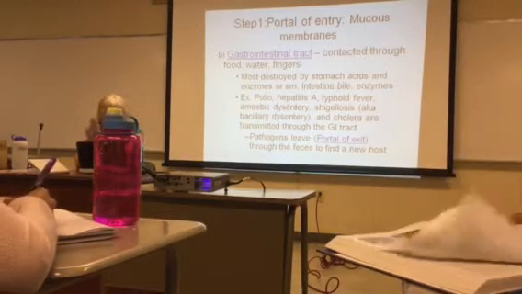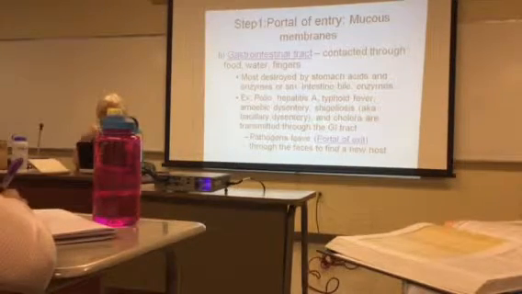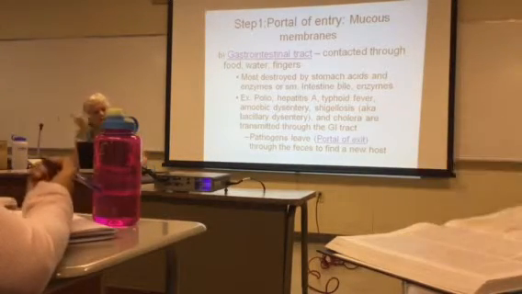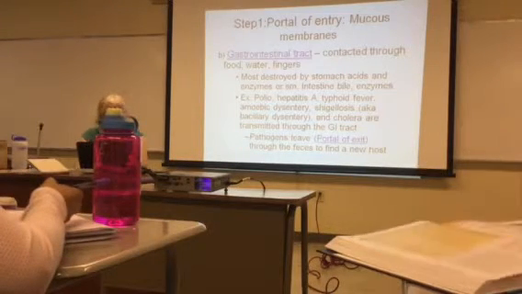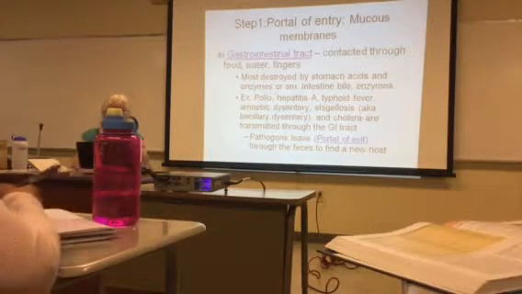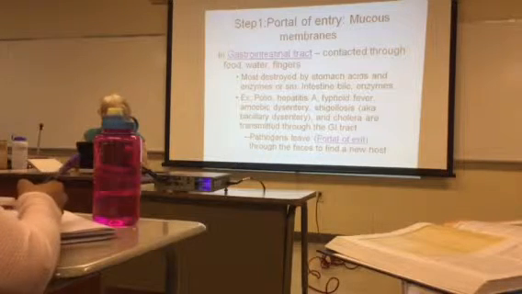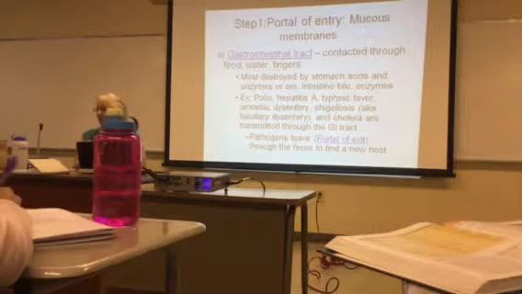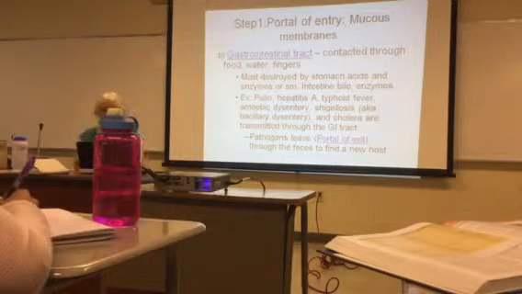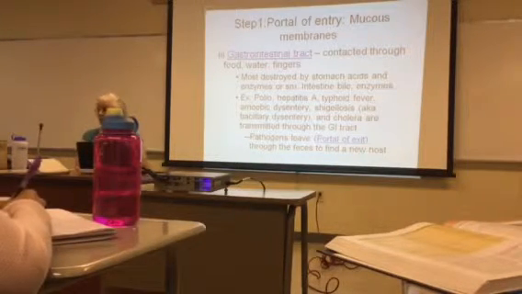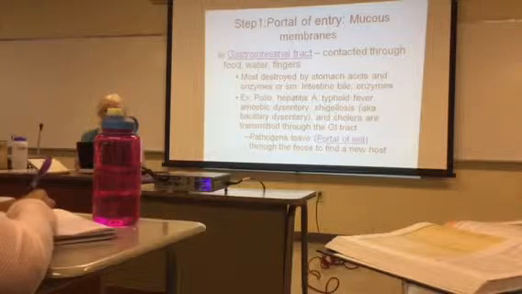The second avenue lined with mucous membranes that is a portal of entry is the gastrointestinal tract. The respiratory tract is number one, but those two together usually make up the ways most pathogens come in. Pathogens do come in other ways, but most are coming in through either the respiratory tract or the gastrointestinal tract.